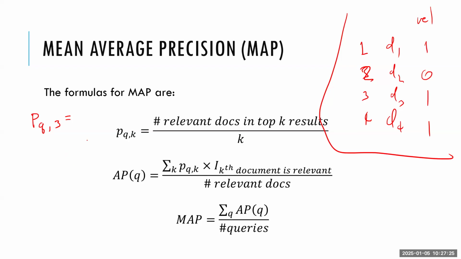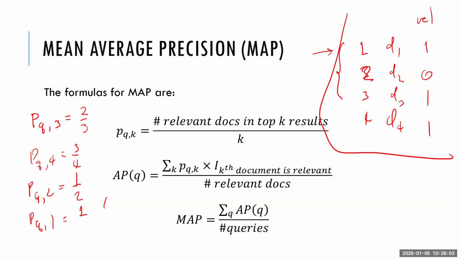So for PQ3, you look at the top three. Among the top three, there are two relevant, so it's 2/3, right? What is PQ4? You get 3/4. What is PQ2? It is 1/2. What is PQ1? You get 1, because the top one result is relevant.